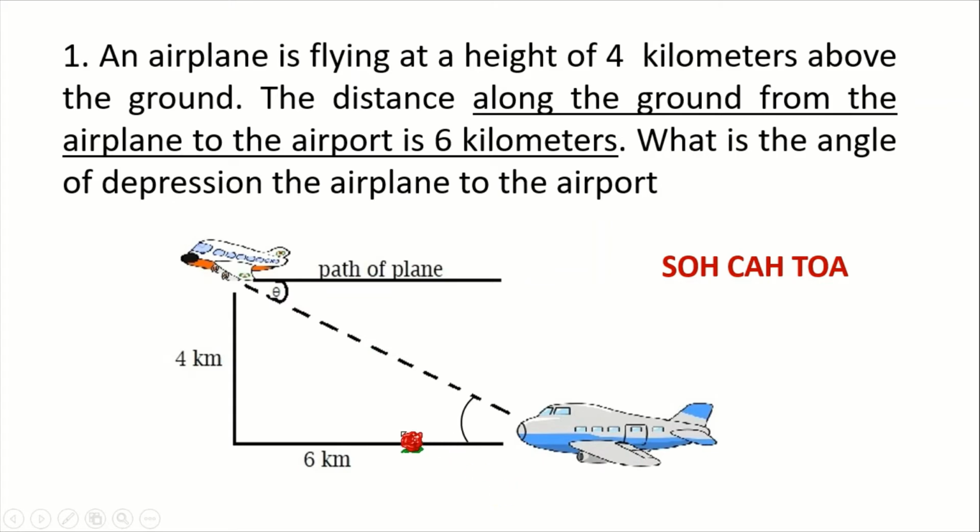So, remember class, that from the properties of a rectangle, all the angles are right angle, right? And the diagonals are congruent. So here, yung nabubuo natin dito at from here are equal. So, kung meron tayong 4 kilometers na taas or height ng airplane from the ground, and meron dito yung 6 kilometers na distance niya mula sa kanyang pinanggalingan.